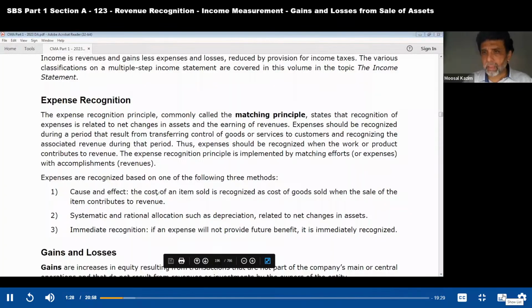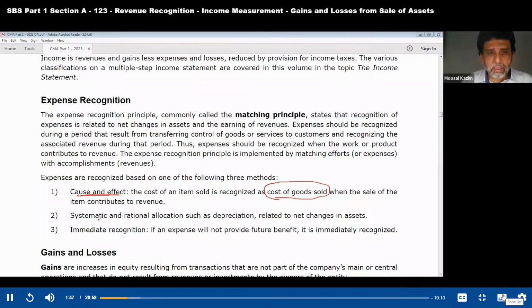One is the cause effect. Cause effect is what caused the revenue, right? So that expense should be recognized. For example, cost of goods sold caused a revenue to happen, so that would be recognized.